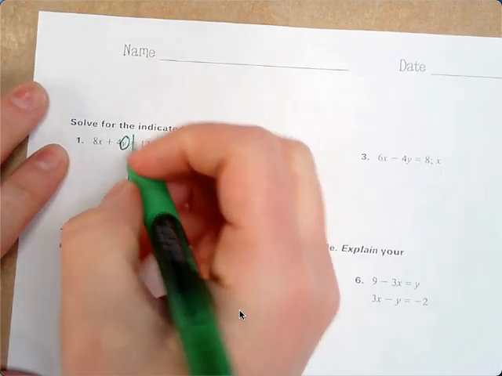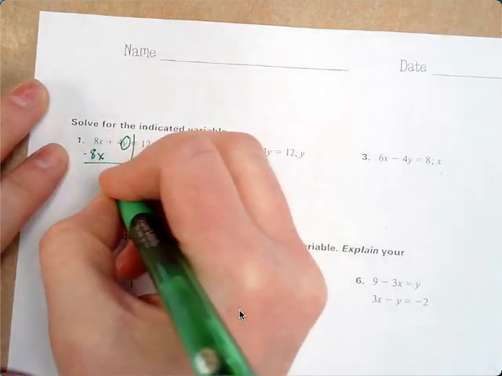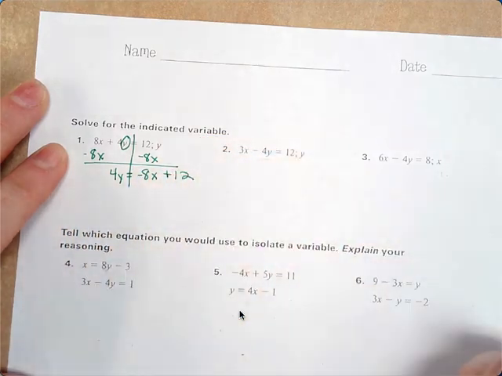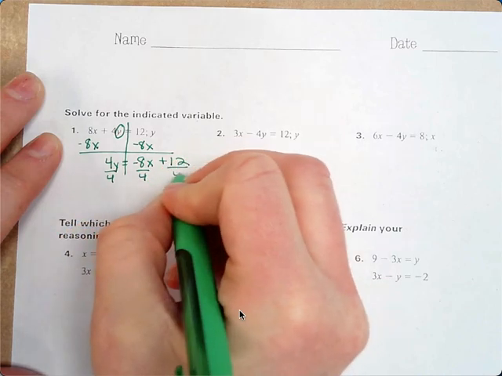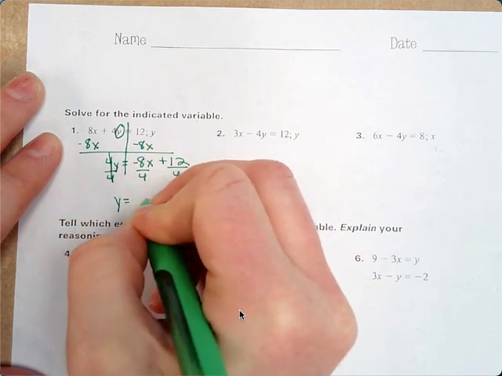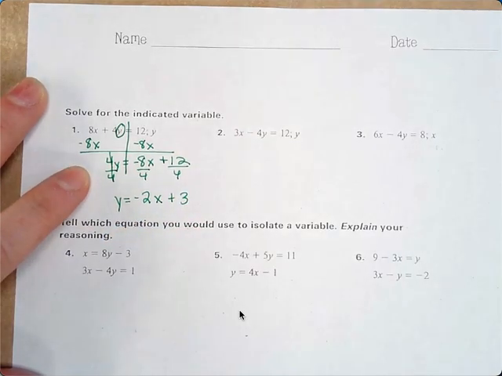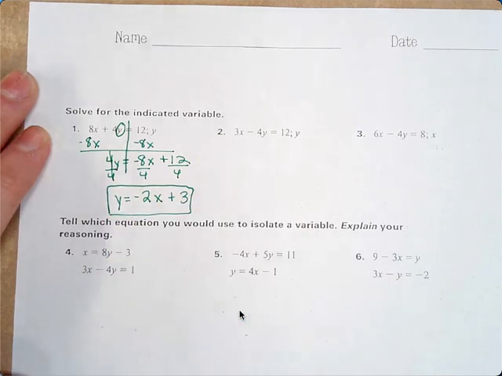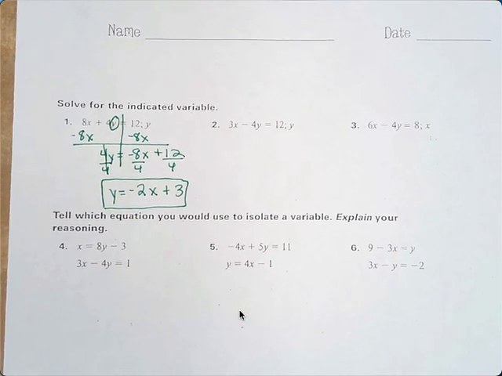Whenever you solve it, you do minus 8x, and then divide by 4. This would be y equals negative 2x plus 3. So you'll have that variable equals some expression. That's how you're solving for that indicated variable. So the first one's done.